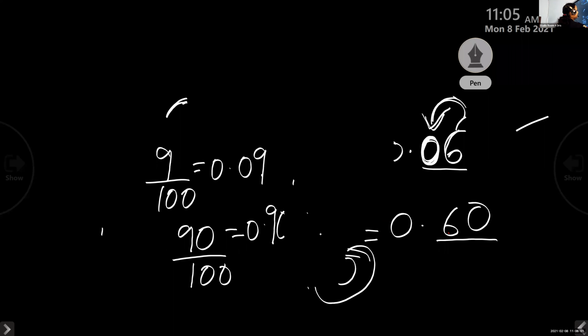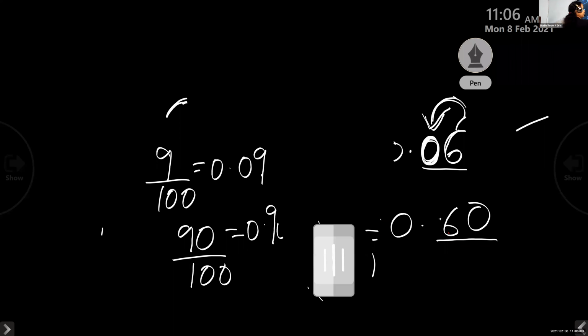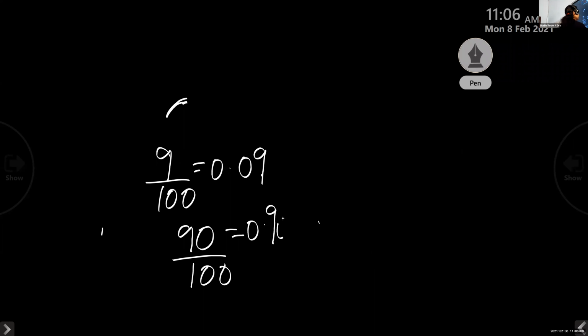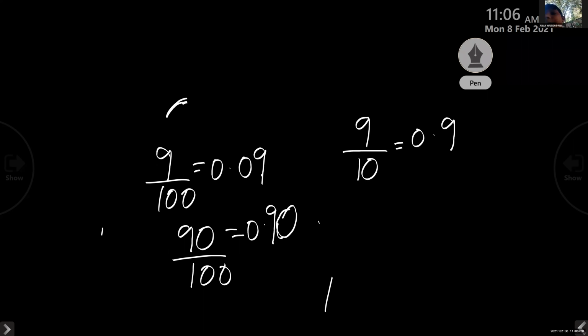We split the decimal part after the decimal point and say 0.90. Okay, children, tell me then 9 by 10. Did you forget this? No, ma'am. 0.9. Yes, very easy. Here, one digit in the decimal. Also, we have 10. So after the decimal point, we should have only one place.